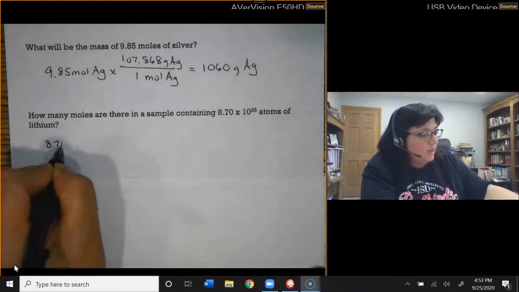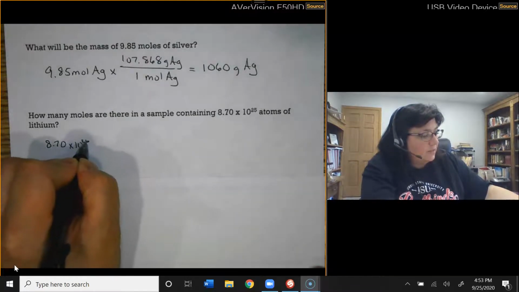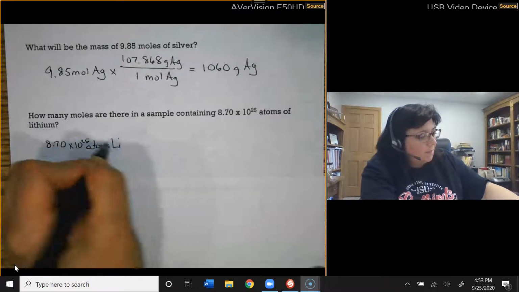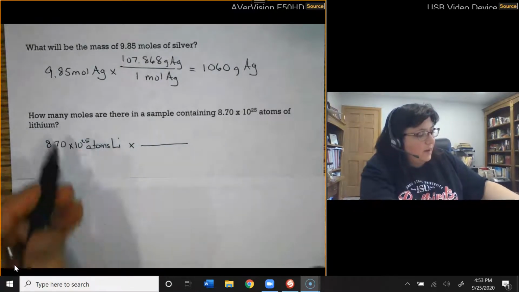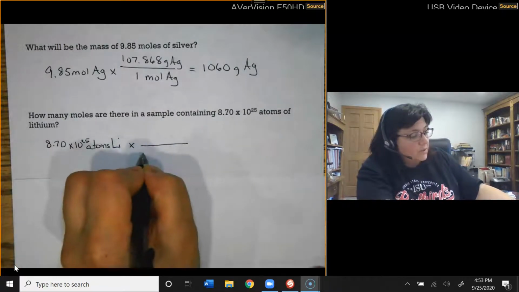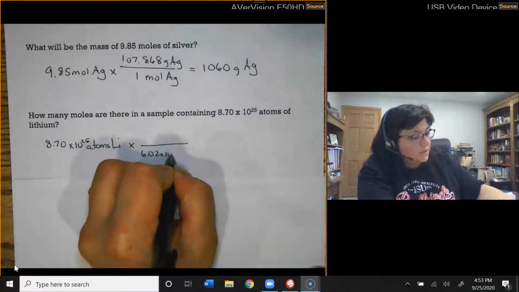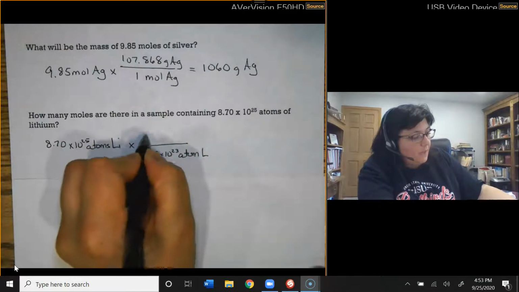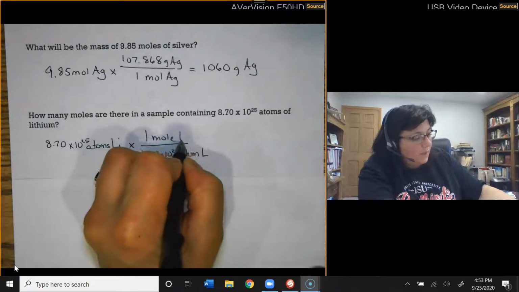So 8.7 times 10 to the 25 atoms of lithium, and I'm going to multiply by, again, moles and atoms means Avogadro's number, so 6.02 times 10 to the 23rd atoms of lithium and 1 mole of lithium.